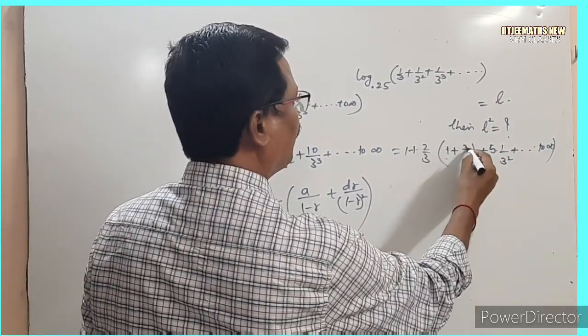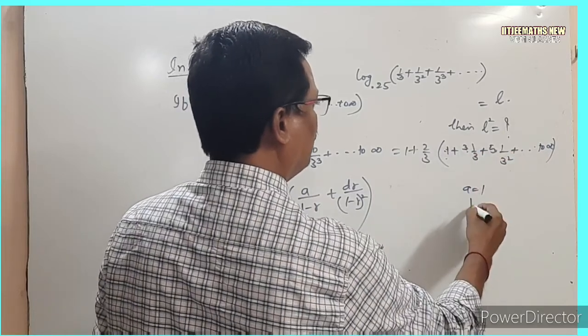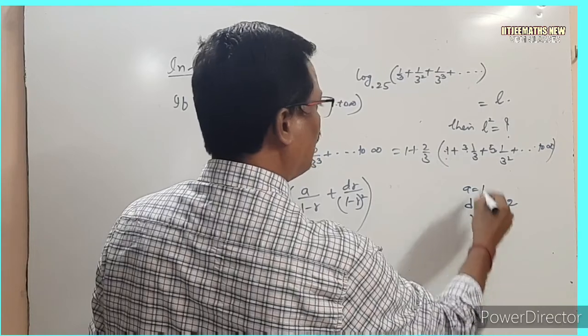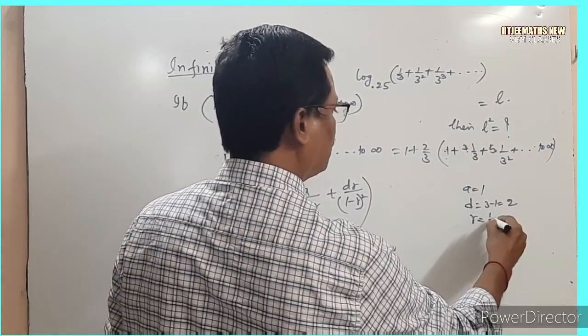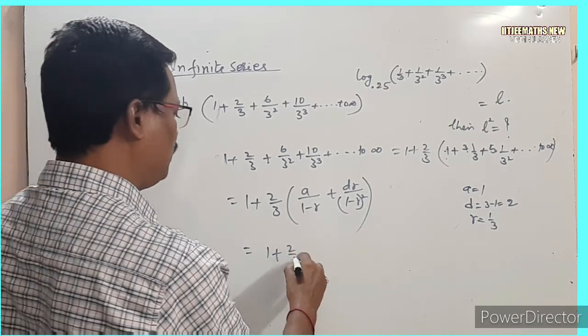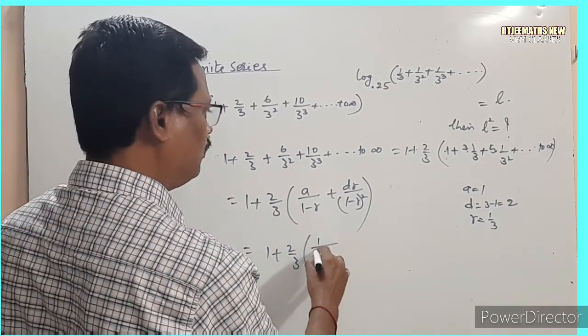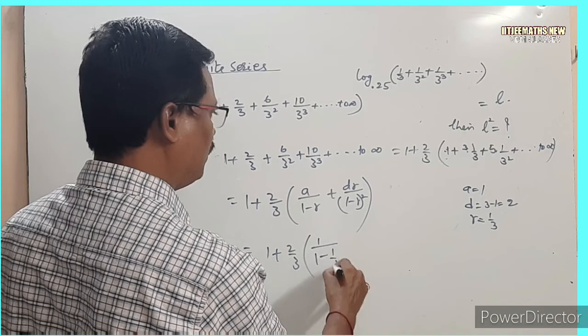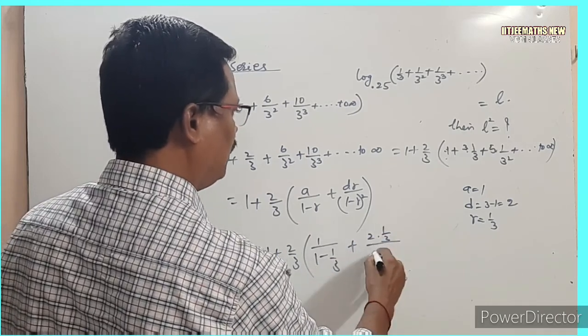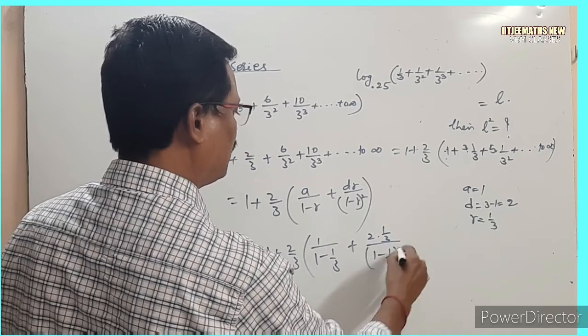What is the common difference? 1, 3, 5. Common difference D is 3 minus 1, that is 2. What is the common ratio? 1 by 3, 1 by 3 square. Now let us substitute in this. 1 plus 2 by 3, A is what? 1, 1 by 1 minus 1 by 3, D is 2 into R is 1 by 3, 1 minus 1 by 3 whole square.